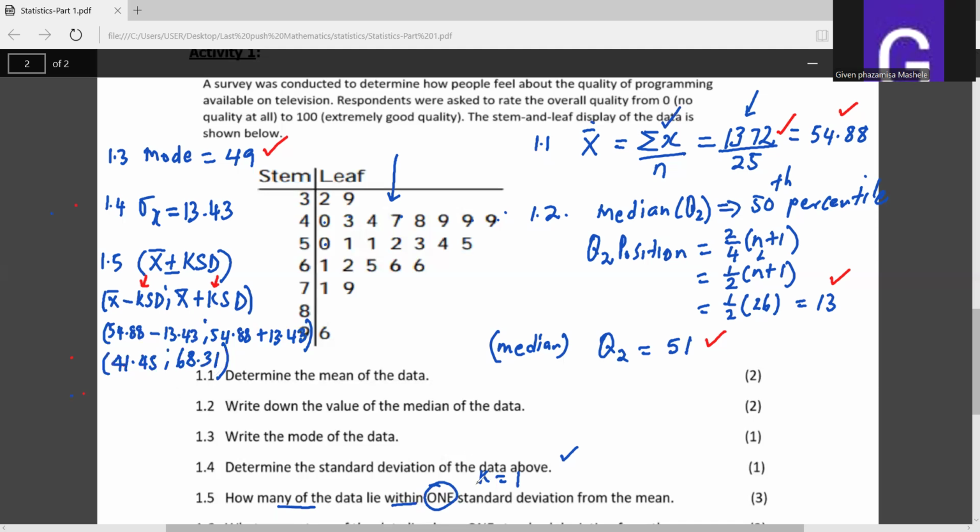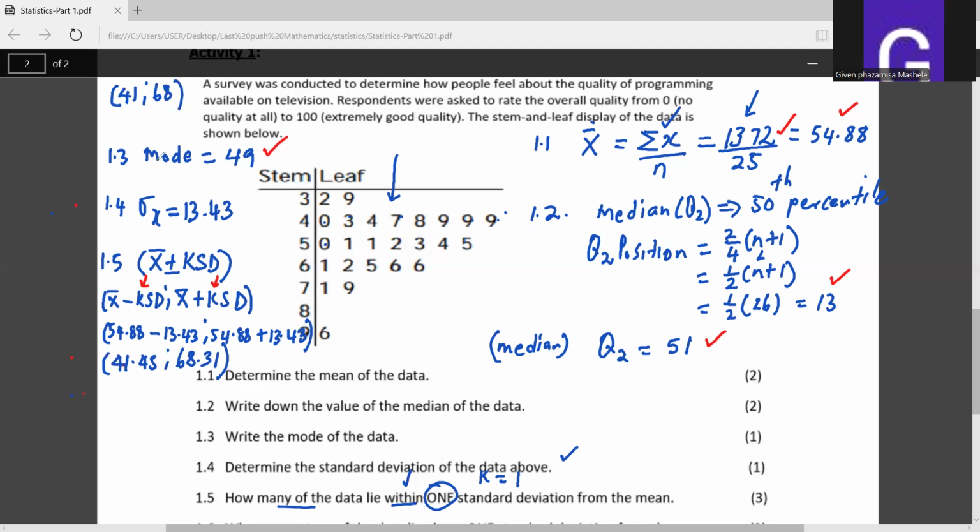Since they say lie within, we need to look at the data and find the ones falling between 41.45 and 68.31. We round these values to the nearest whole number, so 41.45 gives roughly 41 as the minimum, and 68.31 gives roughly 68.